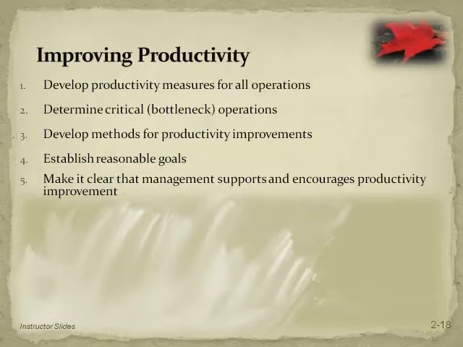Make it clear to employees that we expect productivity to improve, and we encourage employees to come up with ideas and suggestions on how we can improve that. And then finally, publicize improvements. So as we achieve success in productivity, make sure that we celebrate those successes. We give recognition to employees who have done well in those particular areas.